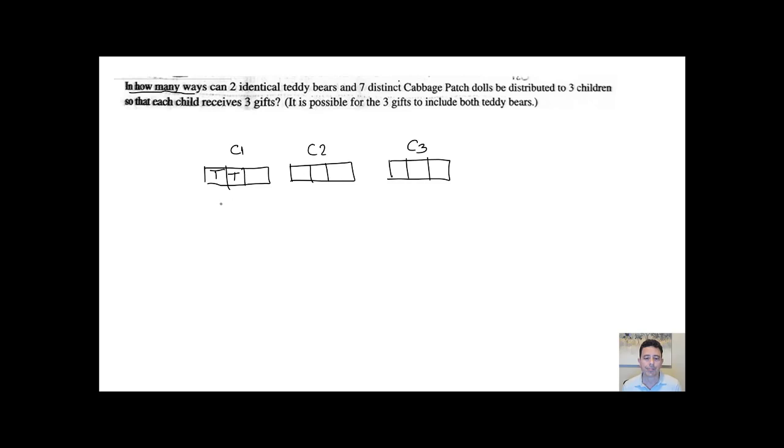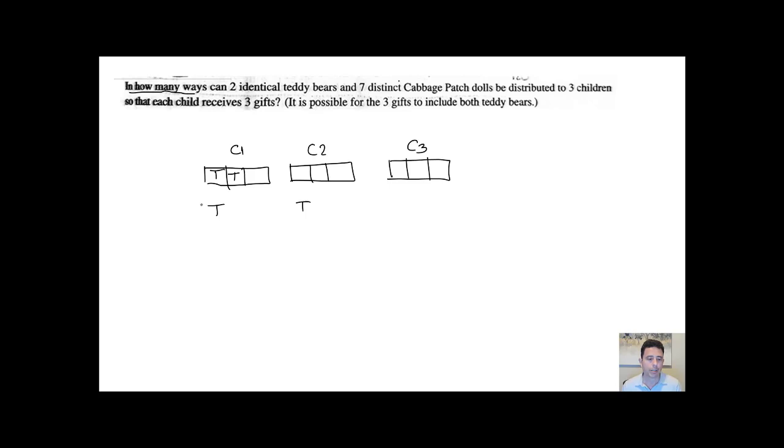Maybe A, B, C, D. And then another option could be that this child here will have 1, this child here will have 1, and then you distribute the rest. So you distribute the identical elements first, and then for each of those cases you can see how many ways you can distribute the distinct elements.